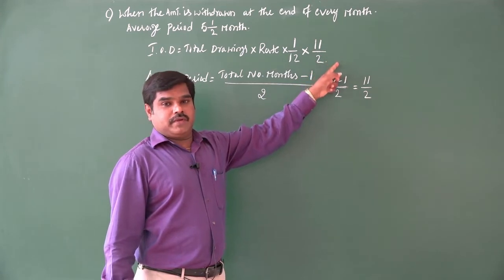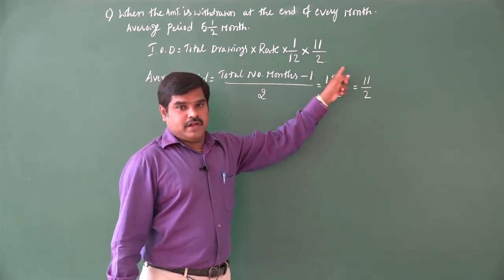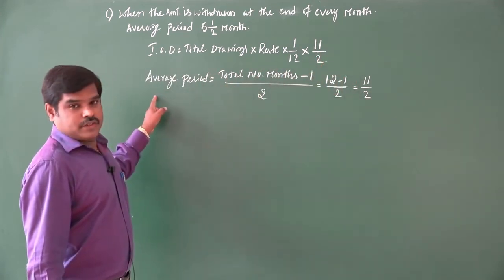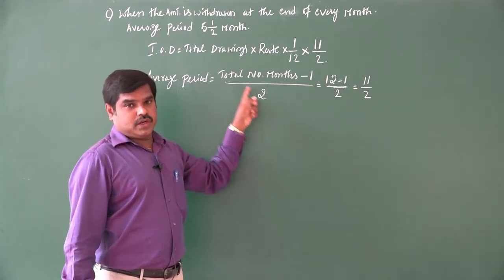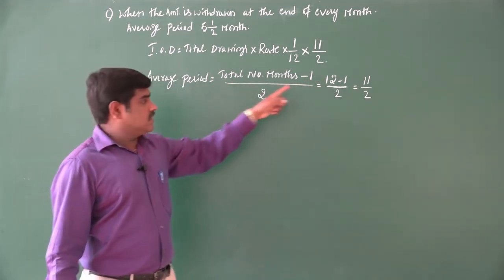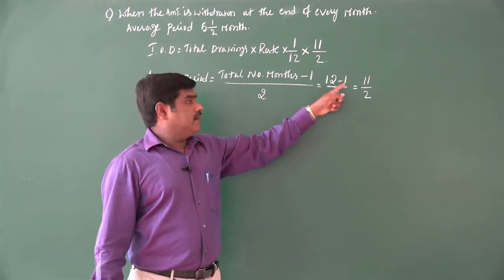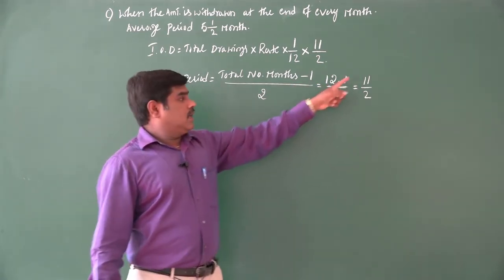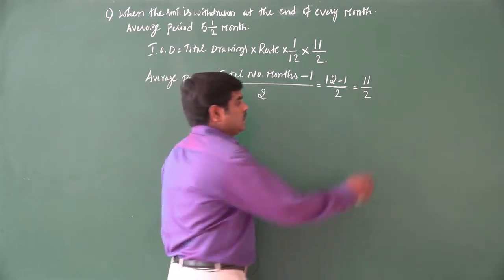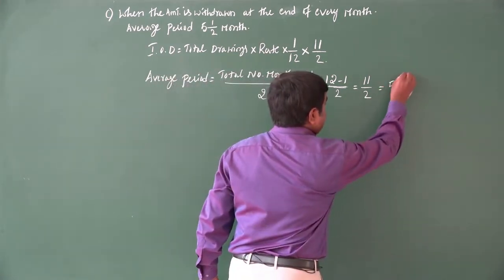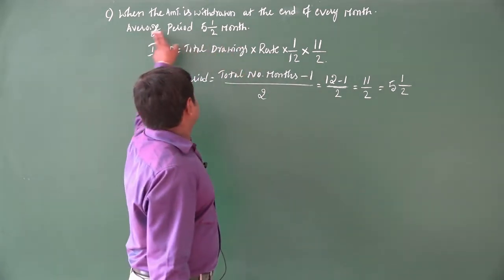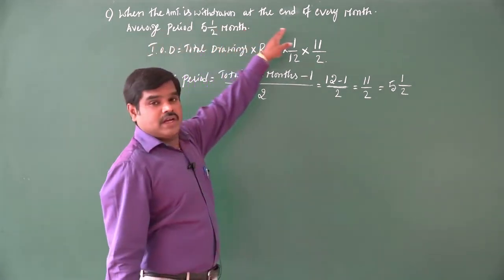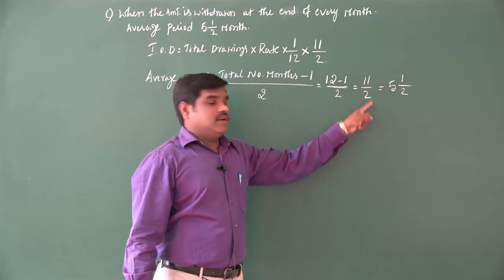Average period is equal to total number of months minus 1, divided by 2: 12 minus 1 is 11, 11 over 2, which is 5.5 months.